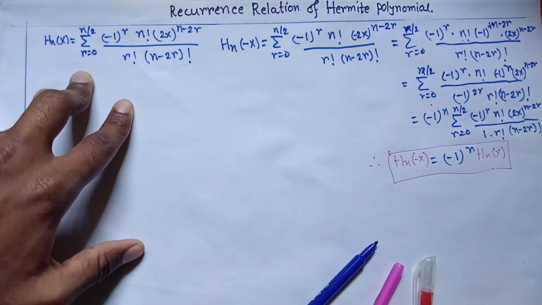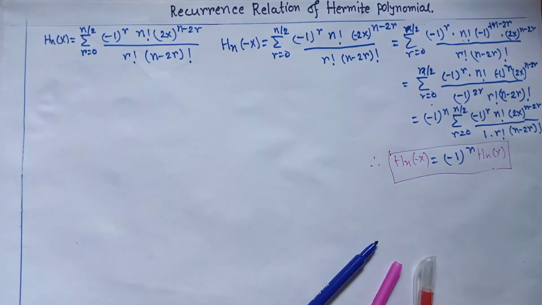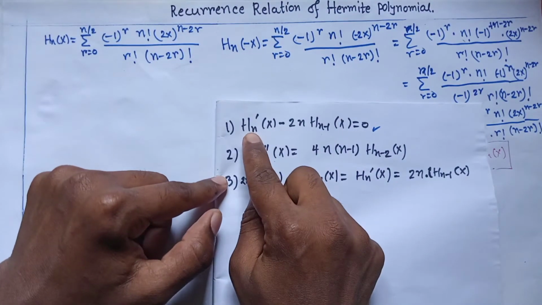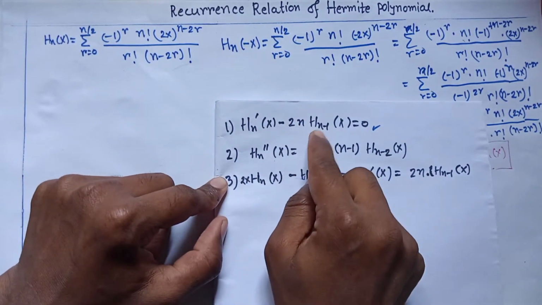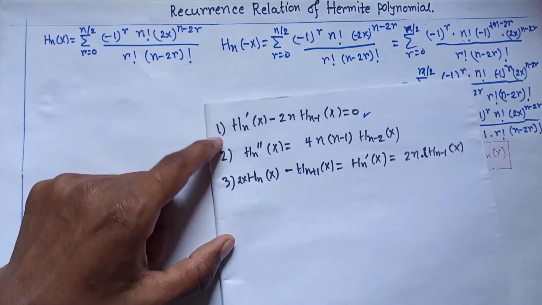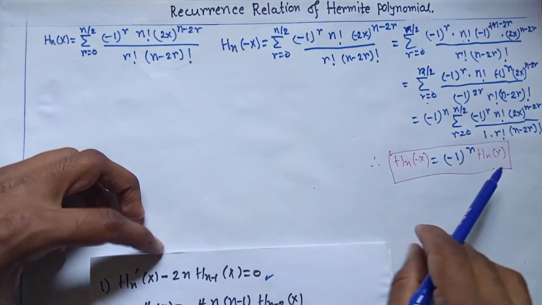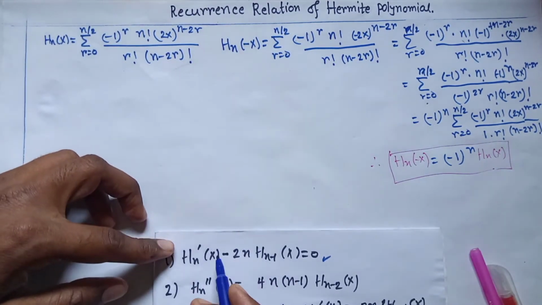Then we derive some recurrence relations. At first we derive Hn dash x minus 2n Hn minus 1 of x is equal to 0. At first we see what is Hn dash x.